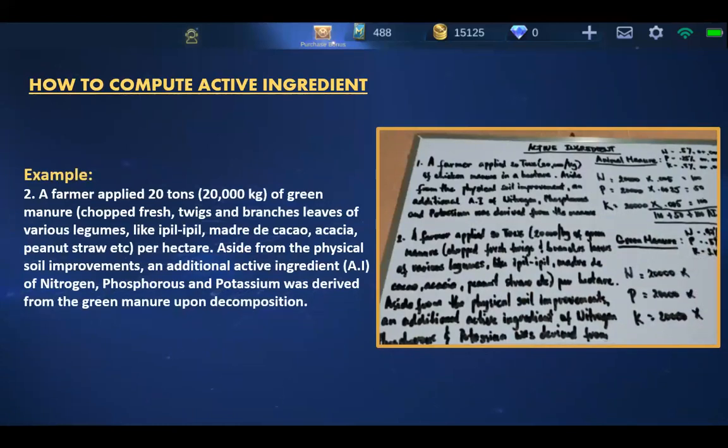Nitrogen is equivalent to 0.97%, so we convert that into decimal points, so that is 0.0097. Then phosphorus 0.5%, so that is 0.005. Then for potassium, the active ingredient is 3.15%, so that is 0.0315. So we'll just multiply.